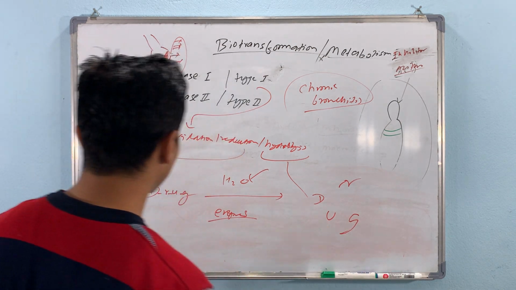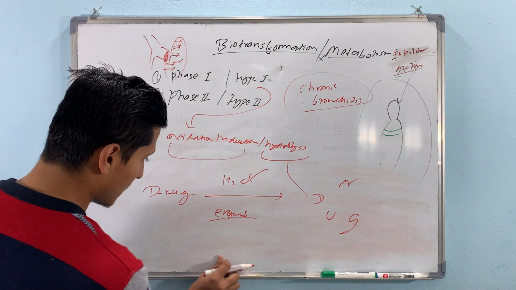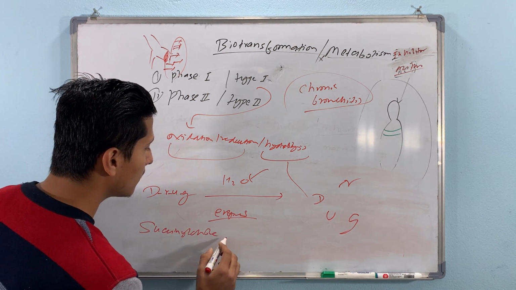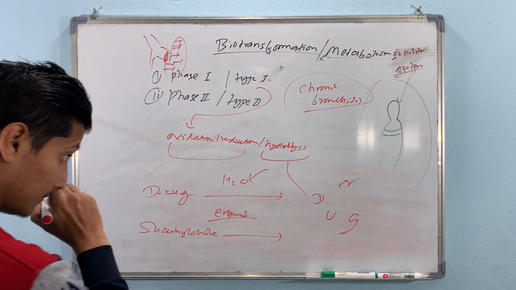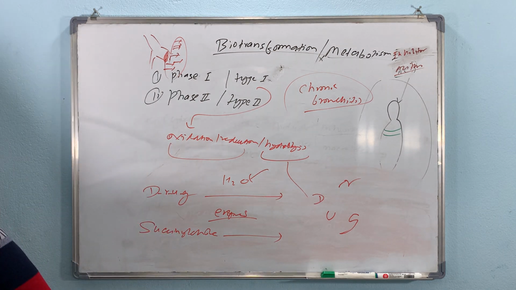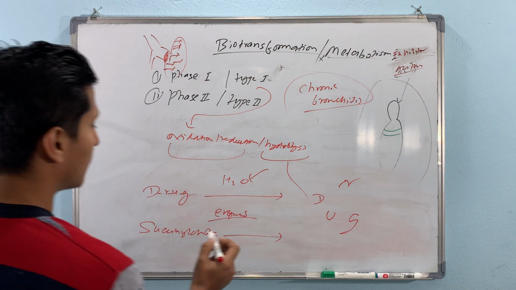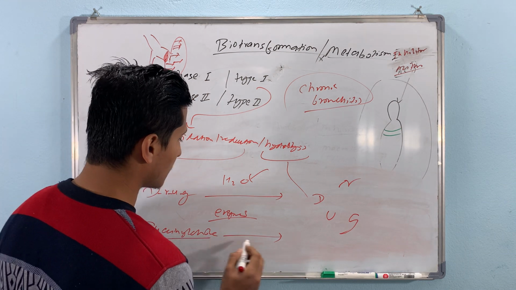So what are examples of hydrolysis reactions? For example, succinylcholine. The best example of hydrolysis can be the metabolism of succinylcholine.